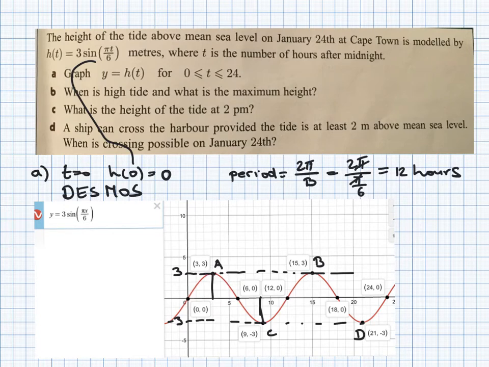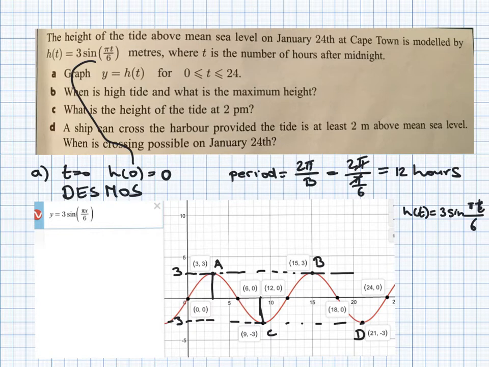A and B. If you need to find the value of t, the time, it can actually be done using a graphics calculator. When you plug in your equation, I'm going to show you that as well. So h of t is equal to 3 sine pi t over 6.